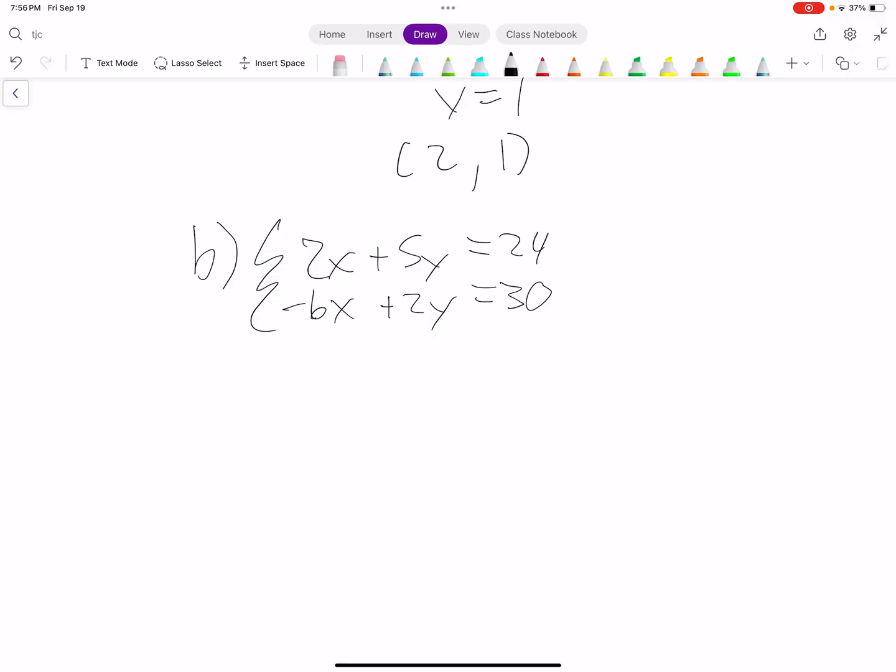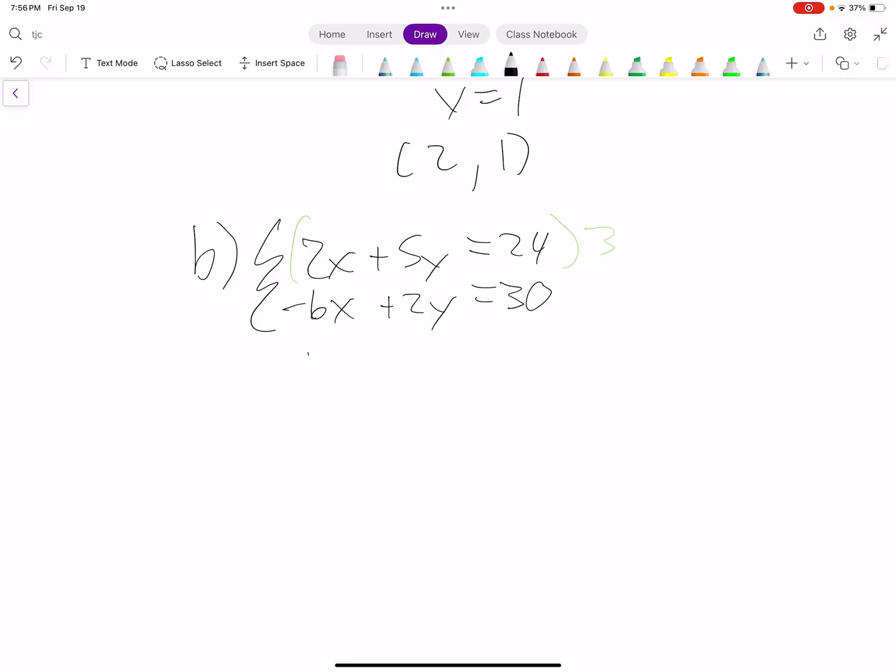which is why this is known as the elimination method. So I'm going to take the top equation and multiply it by 3, because 2 times 3 is 6, and then we'll have a 6x on top and a negative 6x on bottom. So when we add the equations, they're eliminated. So that's what I'm going to do. I'm going to multiply this equation by 3.